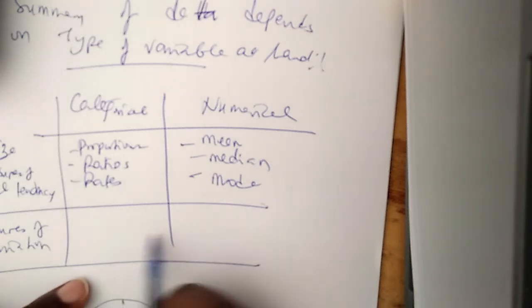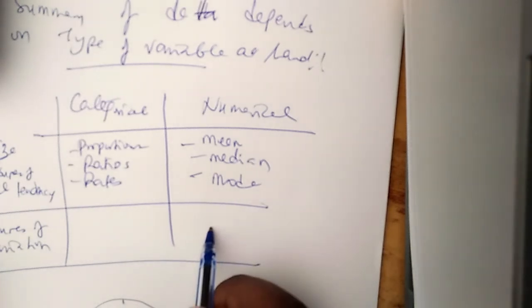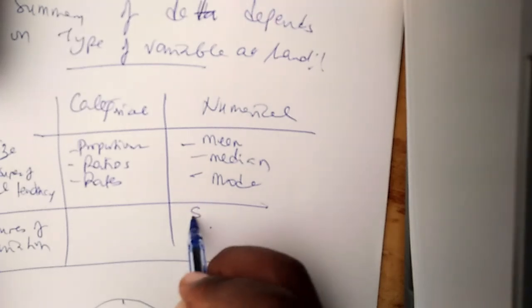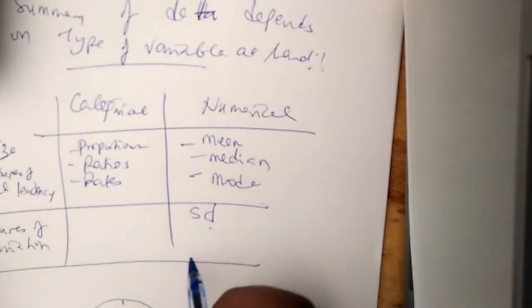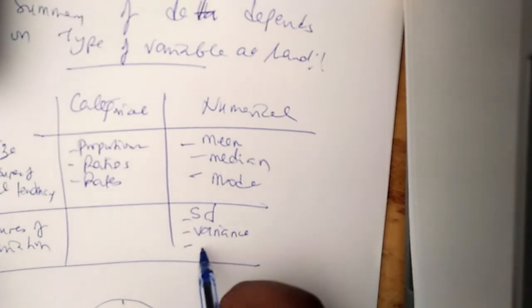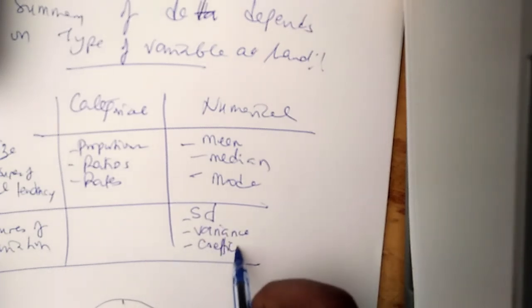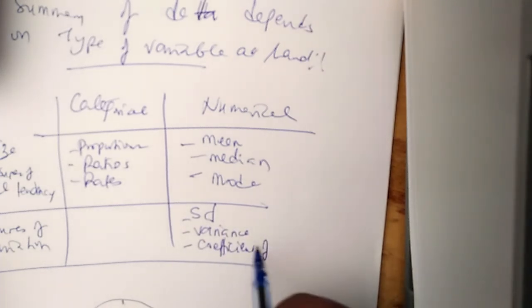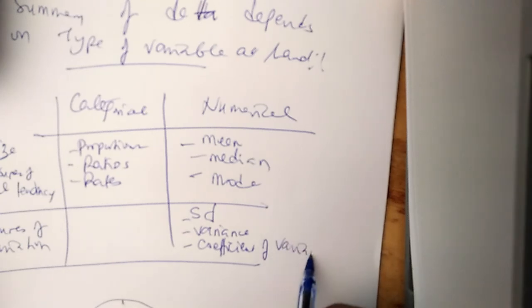If we are summarizing numerical variables by way of variation or spread, we think of standard deviation, variance, and coefficient of variance, which we call CV.